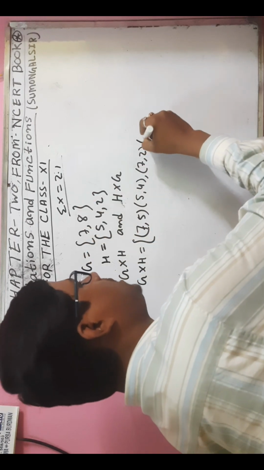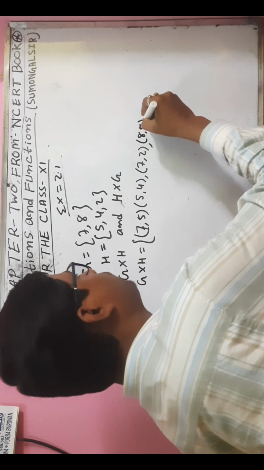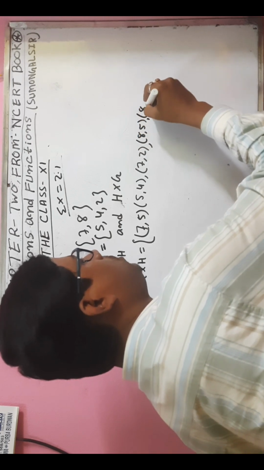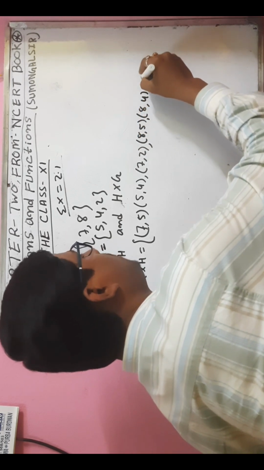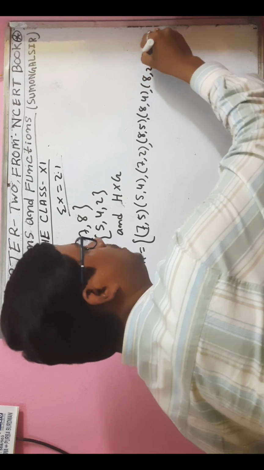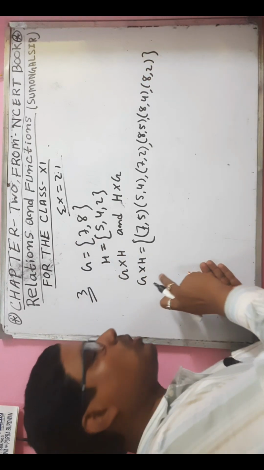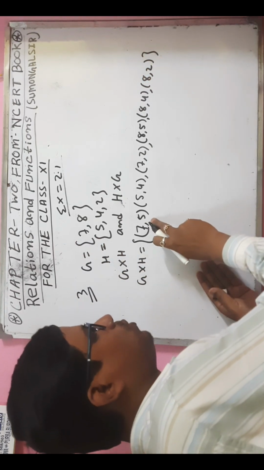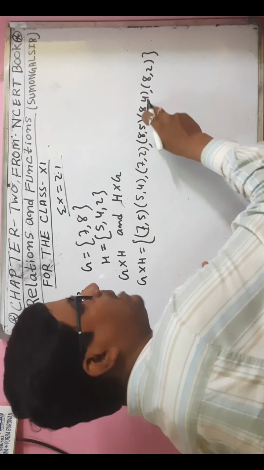Now (8,5), (8,4), (8,2). So the number of elements of G cross H is 1, 2, 3, 4, 5, 6.